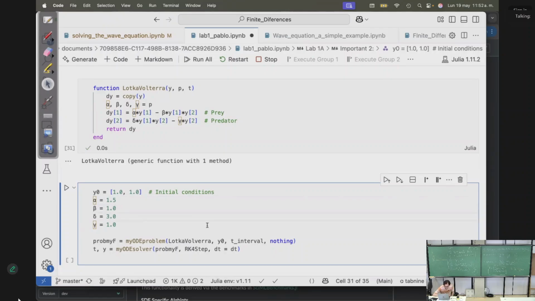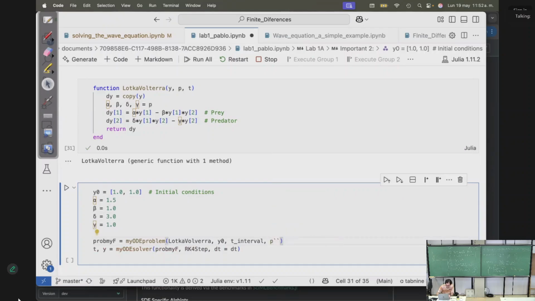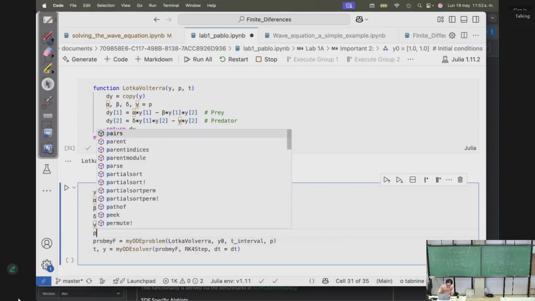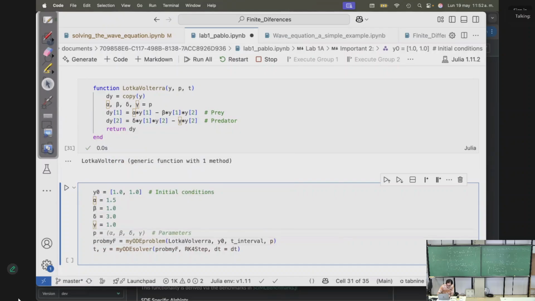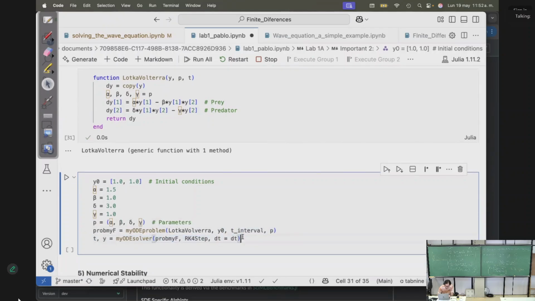Okay, this should work. And here the parameters will have to be p equals alpha, beta, delta, gamma, right?